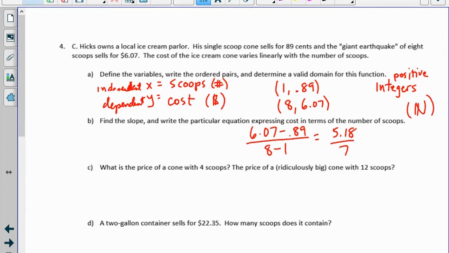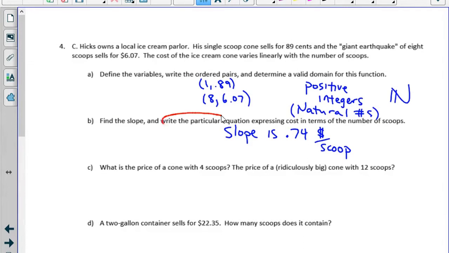And I'm going to take that and divide it by 7. And that ends up being a 74-cent slope. Now remember, slope is not just in terms of 1 unit. So this is the cost in dollars per scoop that I have.